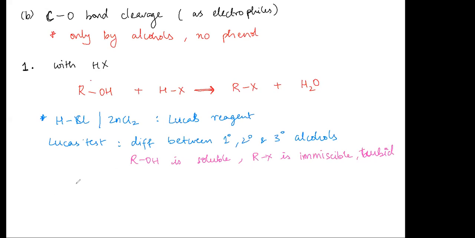So how you test for it is, now because the C-O bond is getting cleaved and the alcohol acts as an electrophile, the carbon basically gets a positive charge. So there is formation of a carbocation in the intermediate stage. So what would be the order of reactivity between primary, secondary, and tertiary? In which case is the reaction going to be fastest?